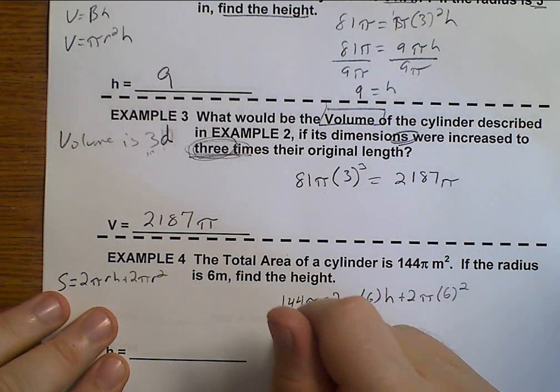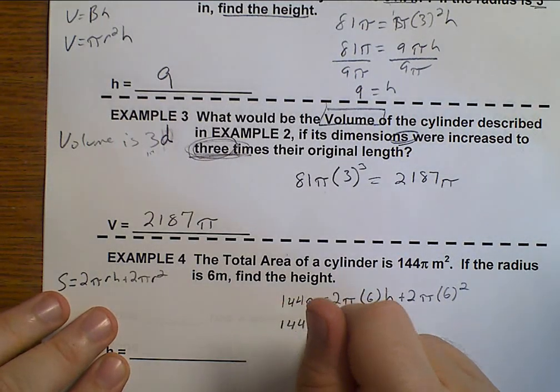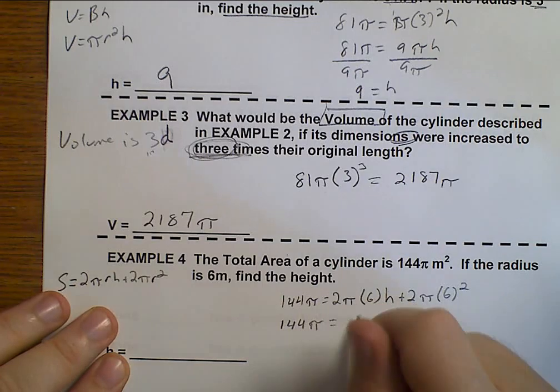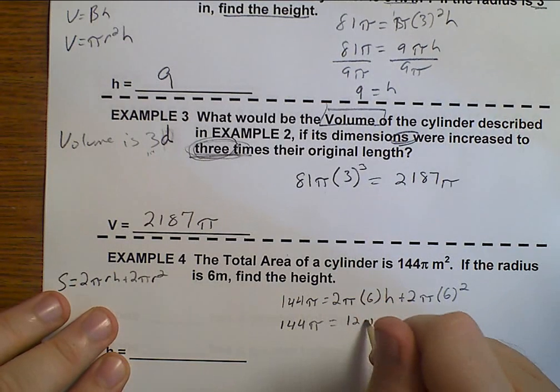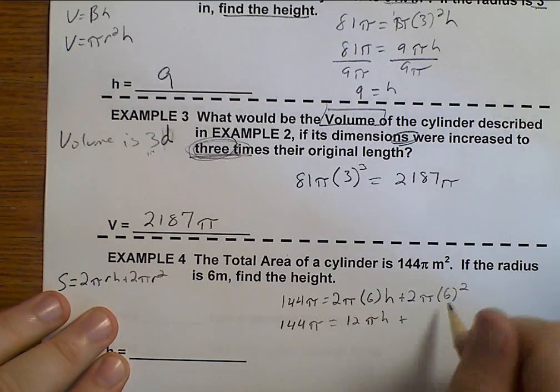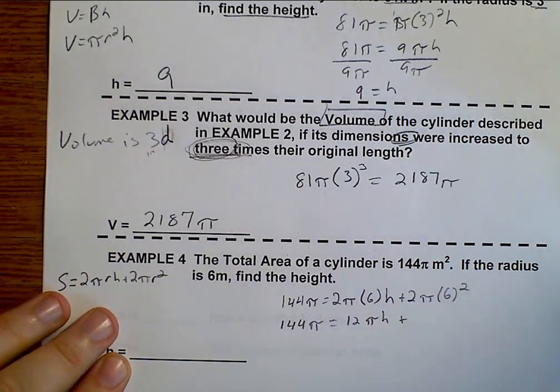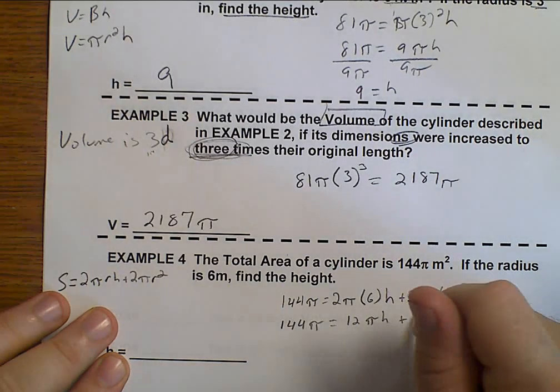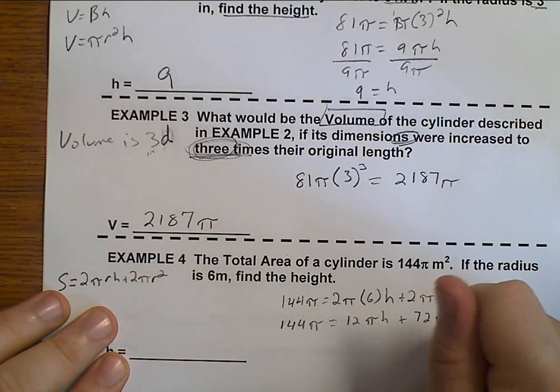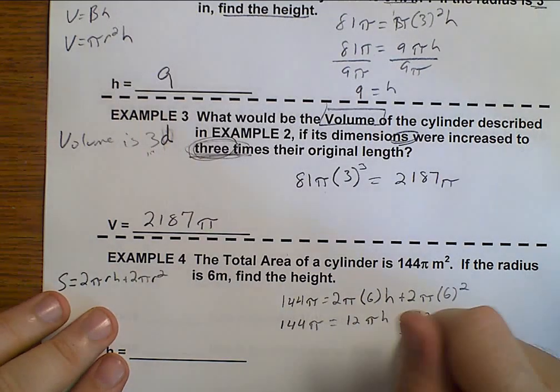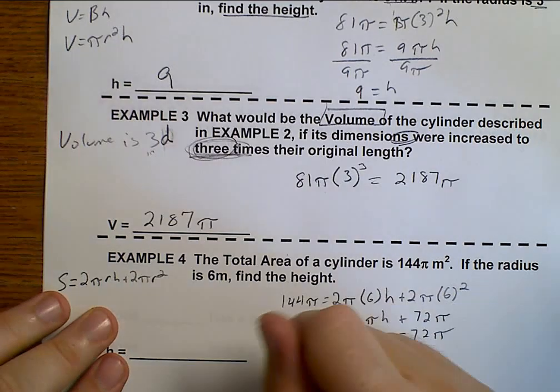So that means that 144 pi equals, this would be 12 pi h plus 36 times 2 makes 72 pi. Well, we're going to go ahead and subtract 72 pi from both sides.